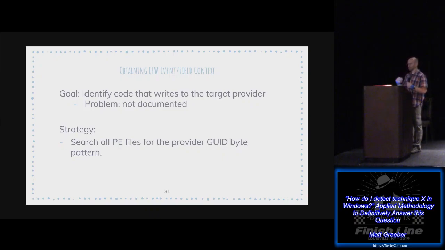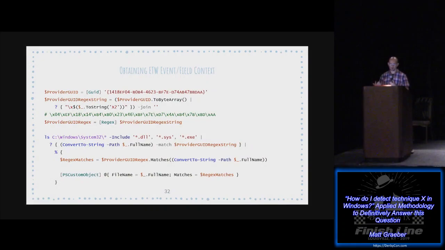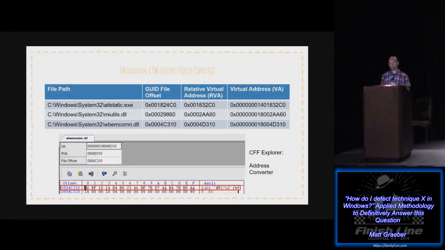All right, so how would we go about obtaining this context? The strategy that I've been using a lot is, I mentioned that an ETW provider has a GUID value applied to it. A GUID is just a sequence of 16 bytes, right? So if you search all the binaries in System32 or in C:\Windows and recurse through there, looking for that byte sequence, then what you'll find is the following.